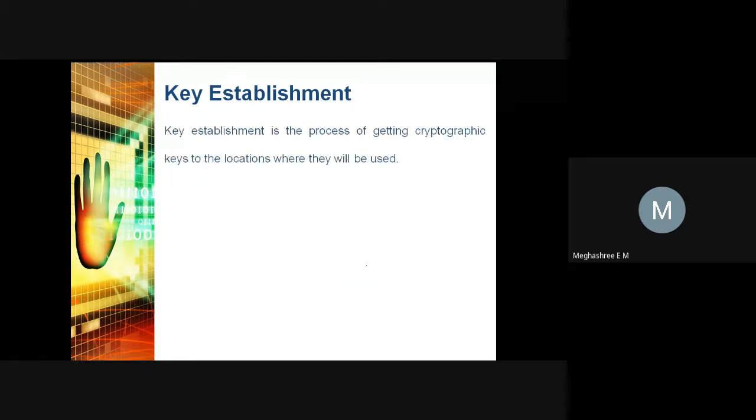With respect to symmetric keys, as you know, keys need to be shared by more than one party. So key establishment has to be performed in such a way that while sharing the keys, the key does not get compromised. So that consent should be there while establishing this key.